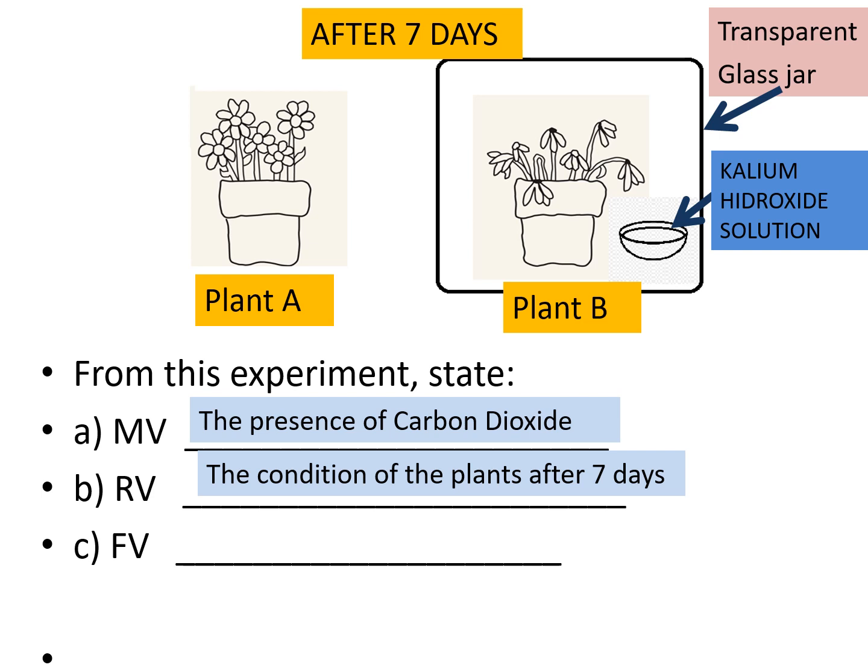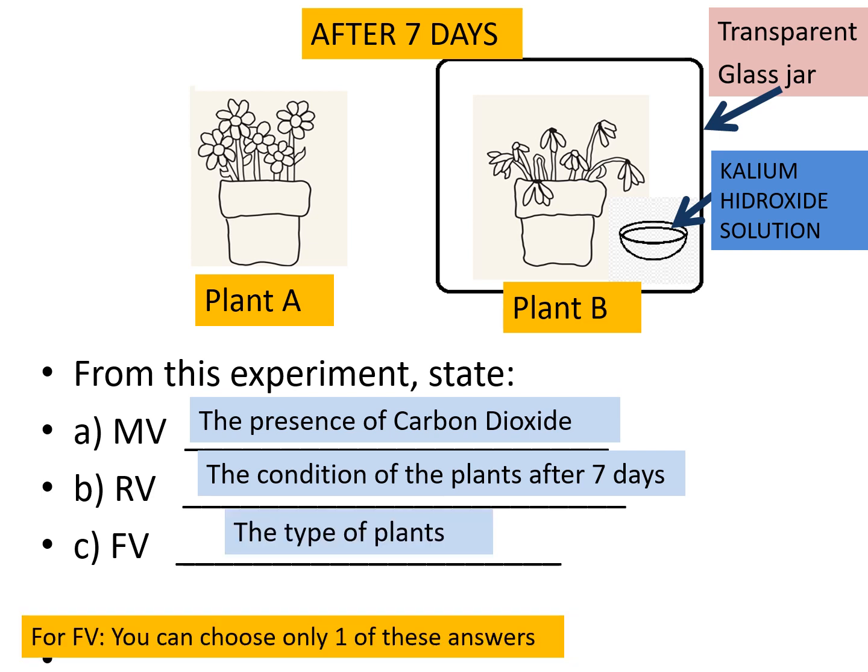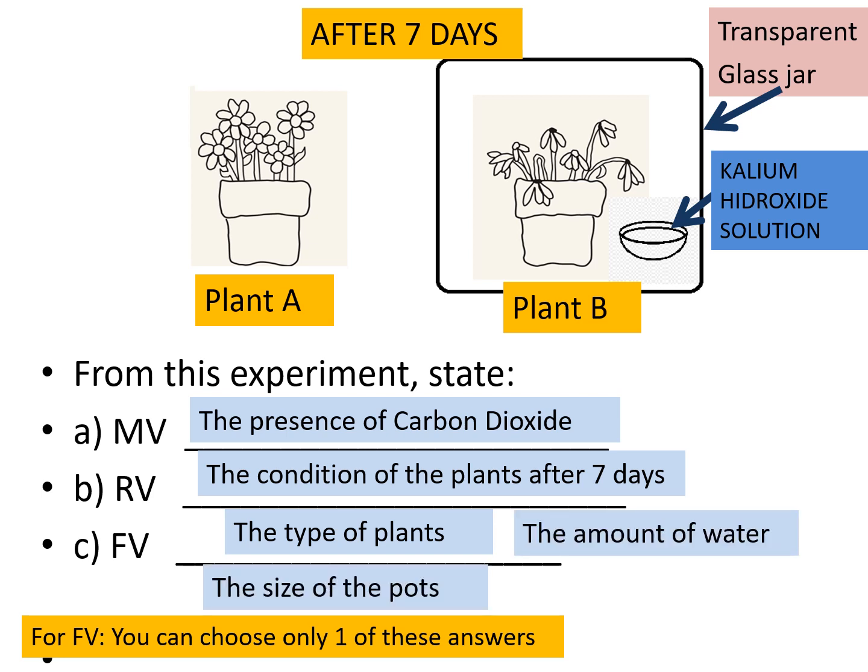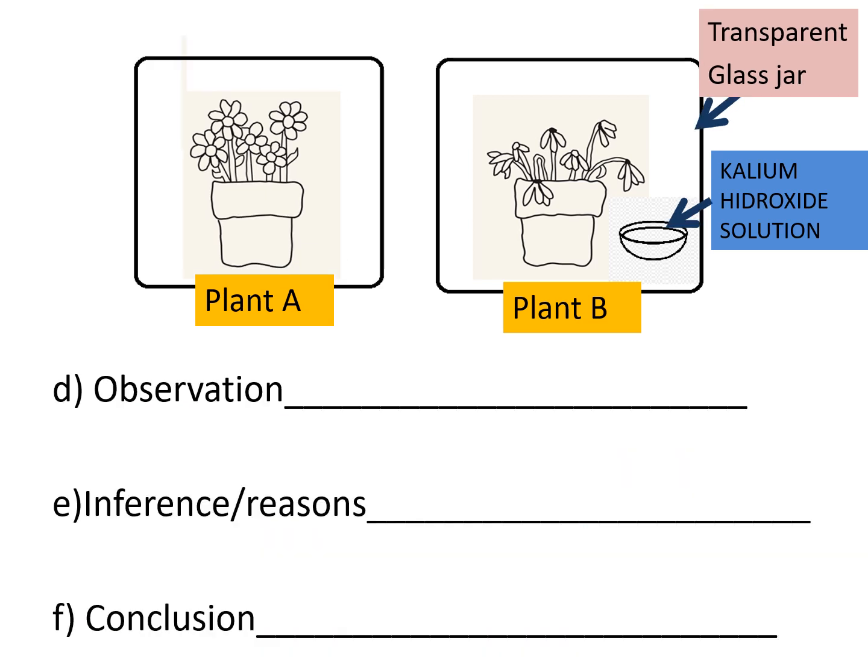And the fixed variables are the type of plants, the amount of water, the size of the pots, and the place of experiment. Okay, please remember that for fixed variable, you can choose only one of these answers. Okay? What about these 3 questions?